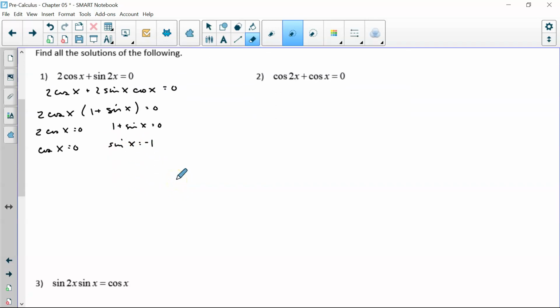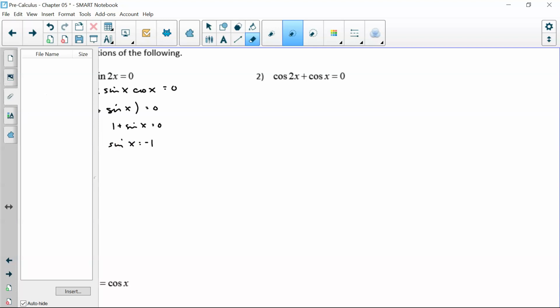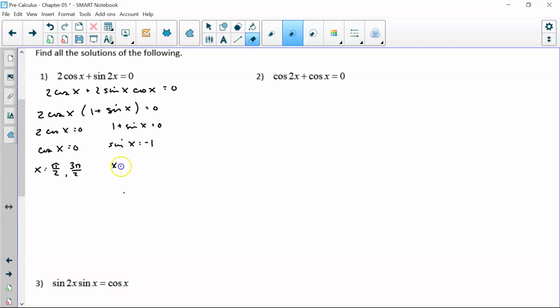Now, thinking about our unit circle, when the cosine of x equals 0, that's when x equals pi over 2 and 3 pi over 2. When the sine of x equals negative 1, that's when x is 3 pi over 2.